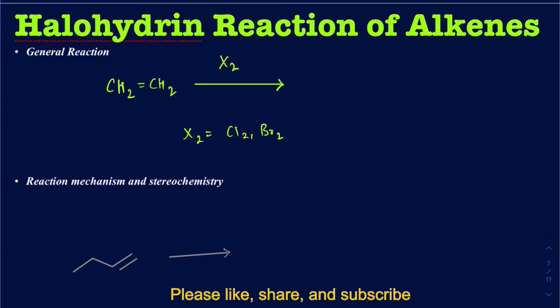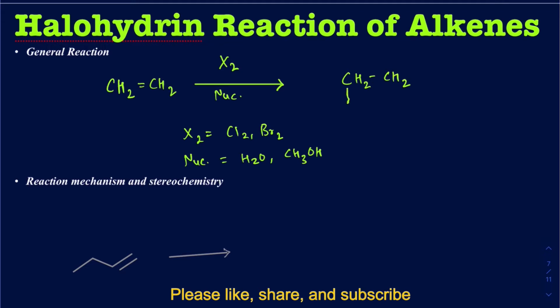And then in addition to that, you may be using some other nucleophile, and typically the most common ones would be water or maybe even some sort of alcohol. So what really happens in this case, you're not going to have two halogens added now. It's going to be only one halogen added onto one of the carbons, and the other carbon will get the nucleophile that you're using.